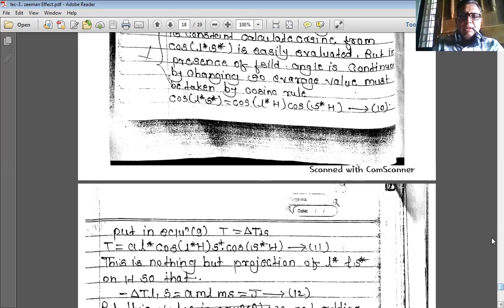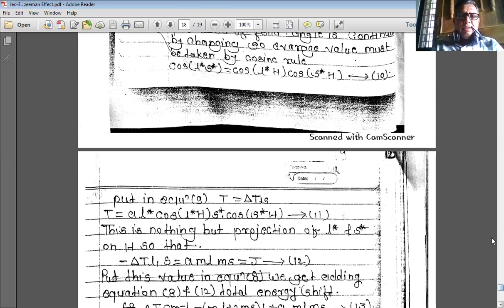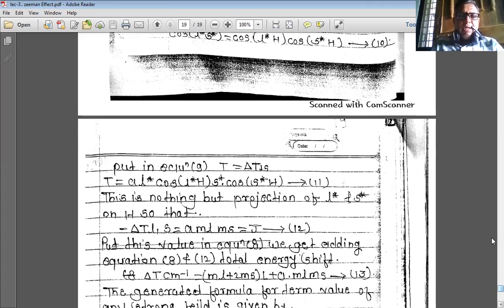Put the equation 9 in T is equal to delta T LS. Okay, T is equal to L star cos of L star H bracket plus S star cos of S star H. This is equation 11. This is nothing but projections of L star and S star on H, so that minus delta TLS is equal to A ML MS is equal to J. Then equation number 12.